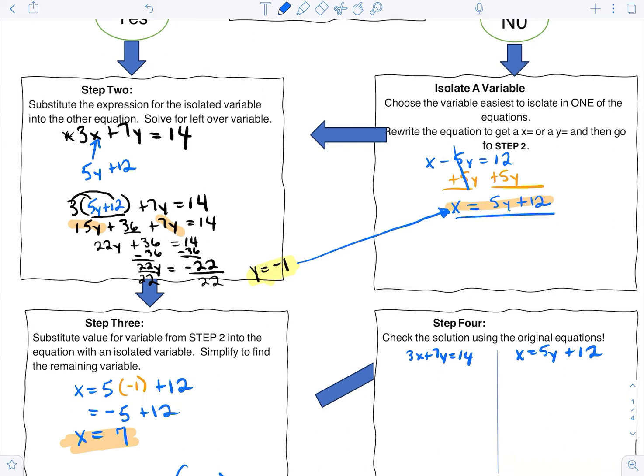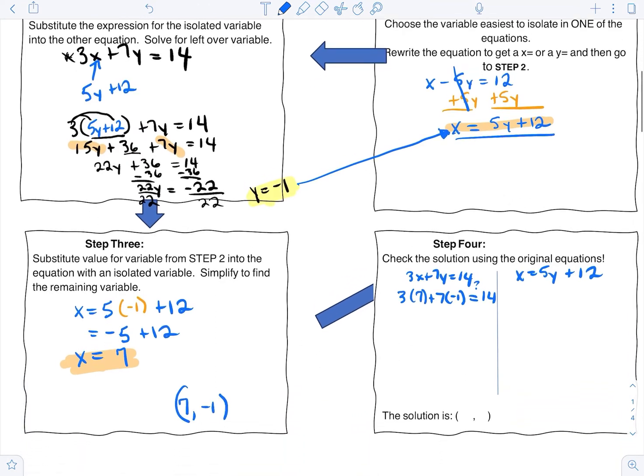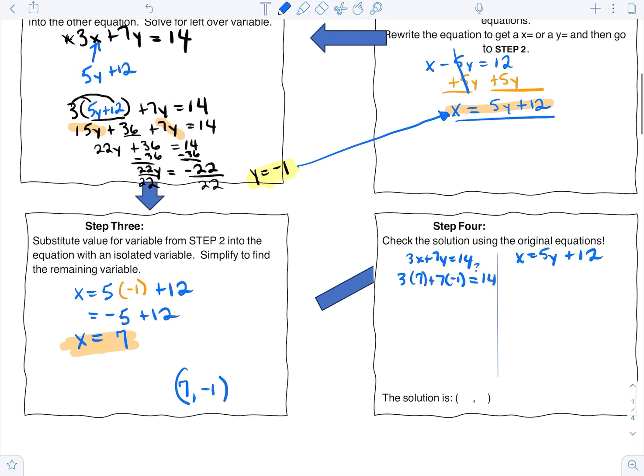We're going to substitute 7 and negative 1. So this will be 3 times 7 plus 7 times negative 1. We're asking ourselves, is it equal to 14? 3 times 7 is 21. 21 minus 7. Yep, it's 14. These two are equal.